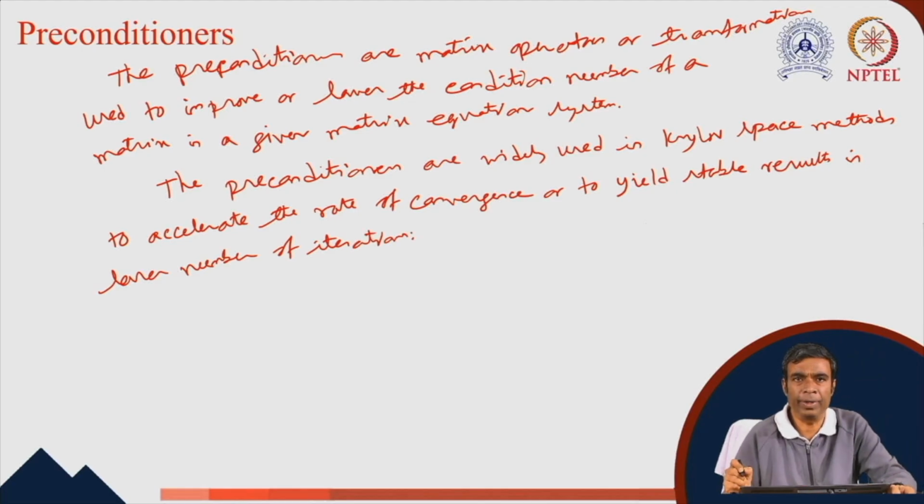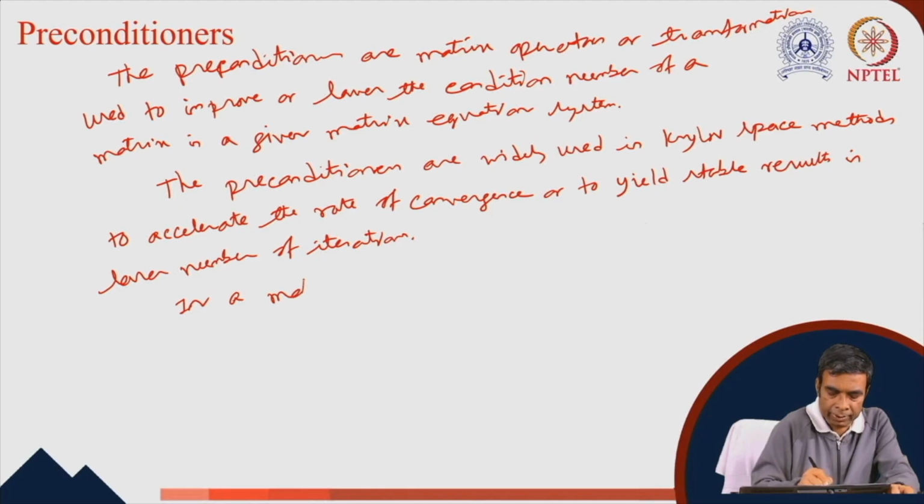In a matrix equation system, the condition number represents the stability of the equation system. So, with respect to perturbations in the right hand side load vector B, the changes in the degree of freedom vector is dependent on the condition number.